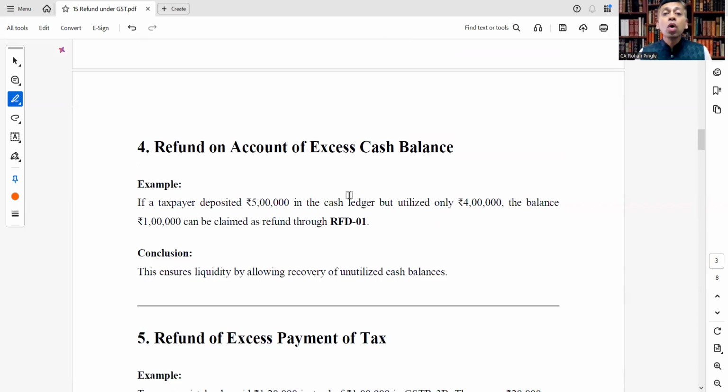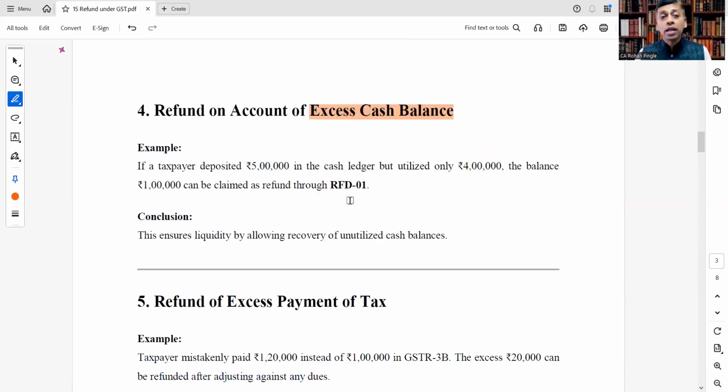Refund on account of excess cash balance. Let's see directly with an example. If a taxpayer deposited rupees 5 lakh in the cash ledger but utilized only rupees 4 lakh, the balance of rupees 1 lakh can be claimed as a refund through RFD 01. Very simple to understand.